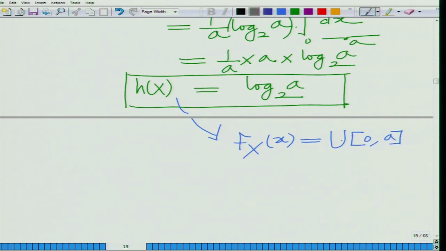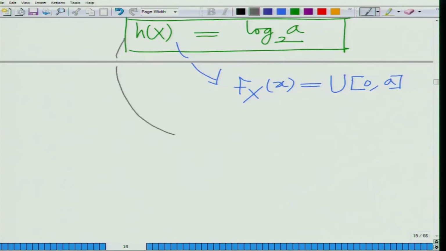Now, you will observe something interesting. We have evaluated the differential entropy, which was relatively straightforward, but if you look at this differential entropy, you will notice that if a is less than 1, the differential entropy is negative, which is something very interesting that did not happen with entropy. Remember, the entropy was always non-negative, that is, greater than or equal to 0. However, the differential entropy can be negative, and this is a very important difference.